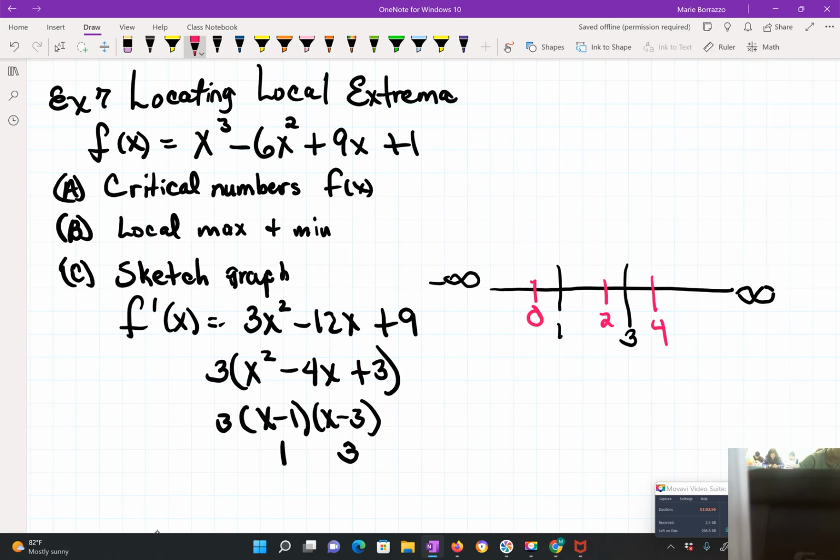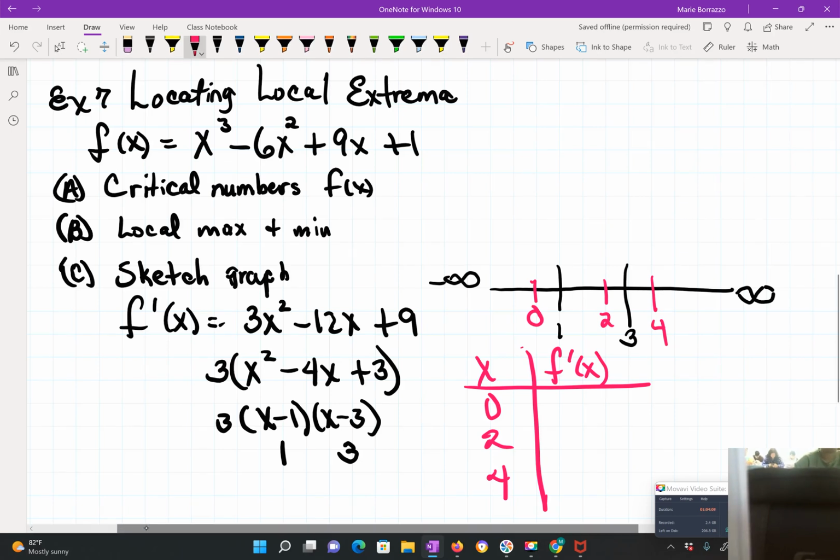So I'm going to test these against my first derivative. Here I go with 0, 2, and 4. Let's plug this into our derivative. You can use either; believe it or not, it's easier to do this factored one.